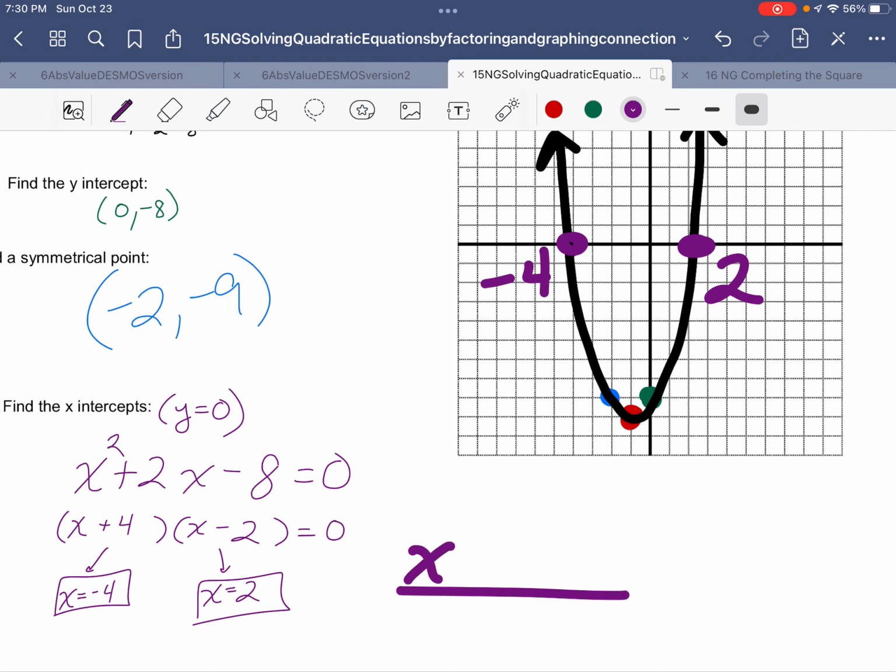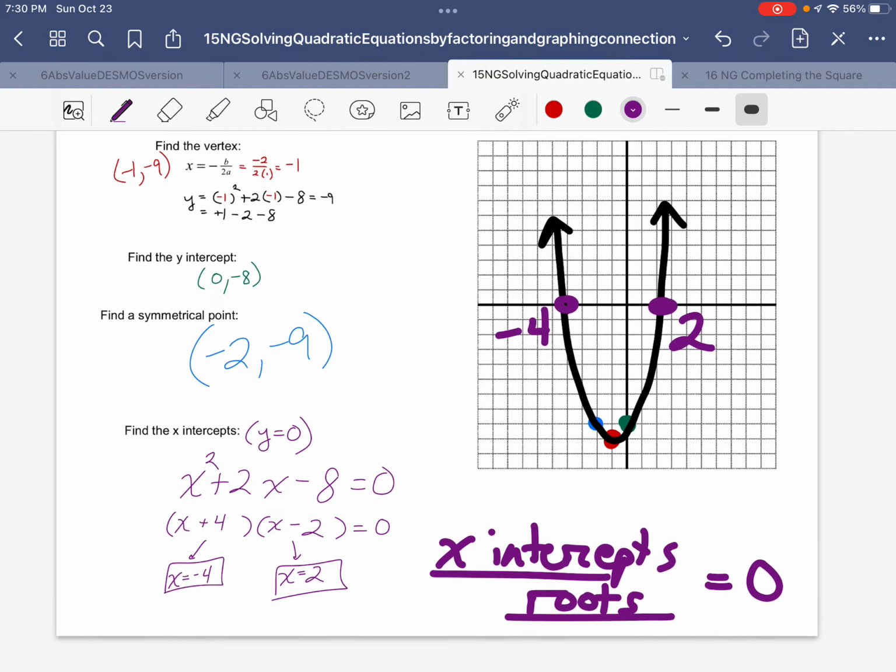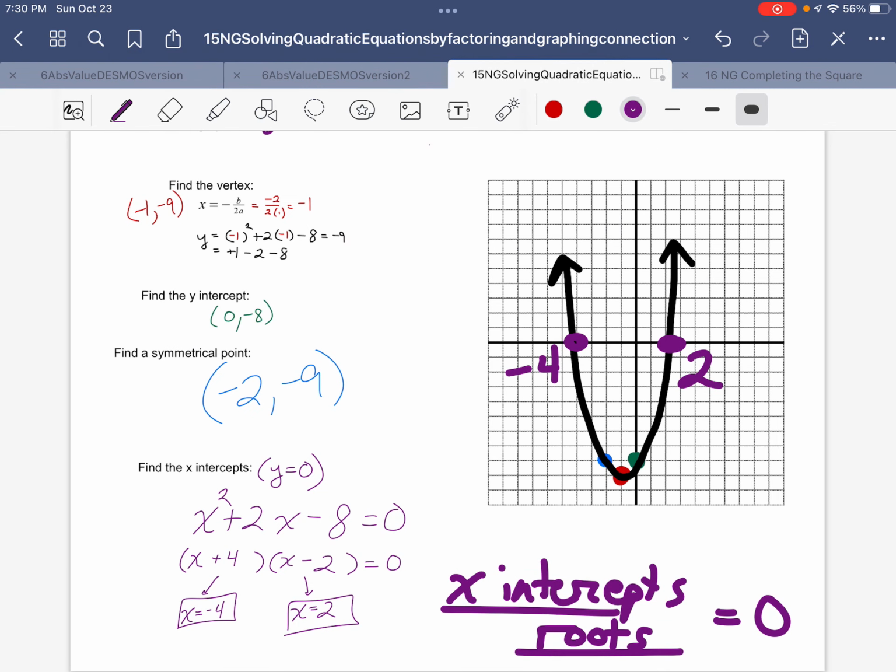I think at the bottom of your paper, do you have a spot for this? The x-intercepts of the parabola are honestly going to be the solutions, the roots, the zeros of the quadratic equation when it's equal to 0.